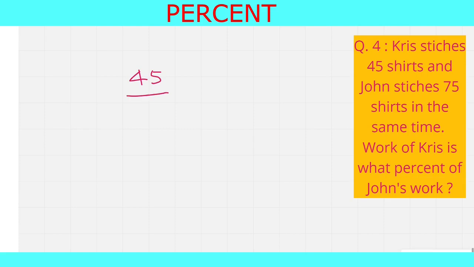John's work is 75 shirts. So 45 over 75 or 45 upon 75 multiplied by 100. 75 when divided by 25 gives us 3, and 100 when divided by 25 gives us 4, and 3 divides 45 for 15 times. This gives 15 multiplied by 4 is 60. So this is 60%. Thus, work of Kris is 60% of John's work.